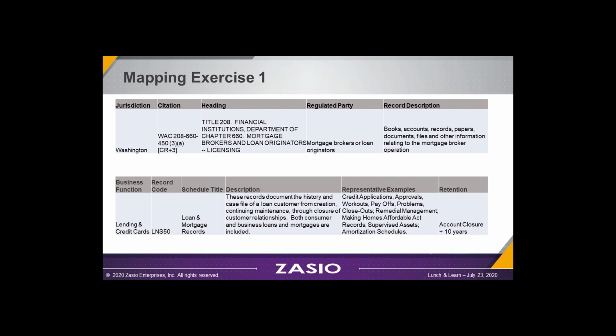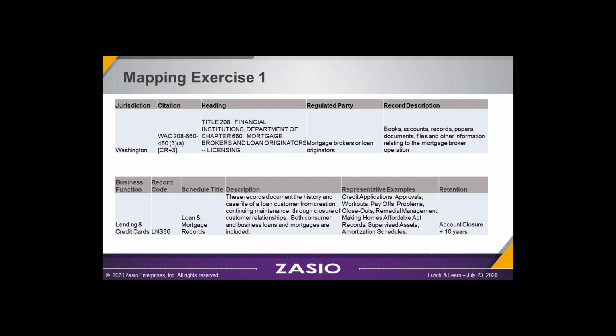Also, as demonstrated below, we've got this lending and credit card function. So this isn't industry specific. It really goes to those high-level business processes related to the client and customer services, something that's kind of separate from finance and accounting.